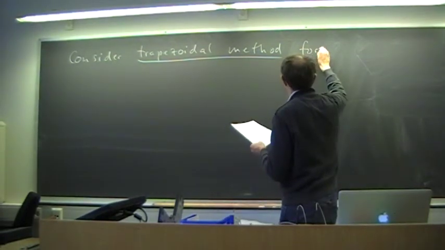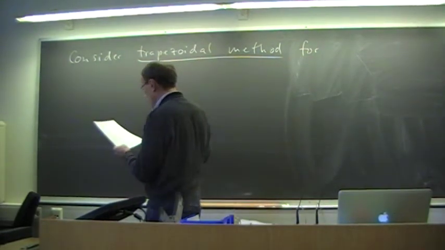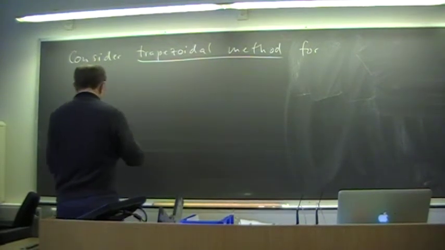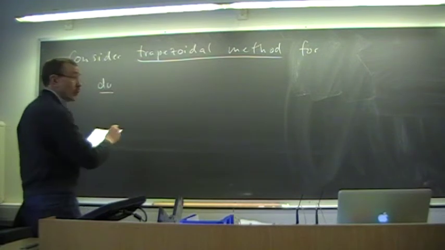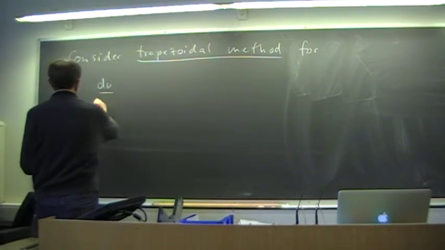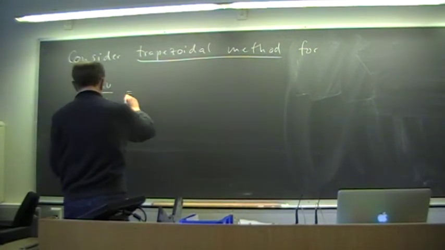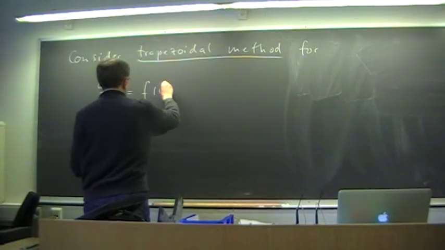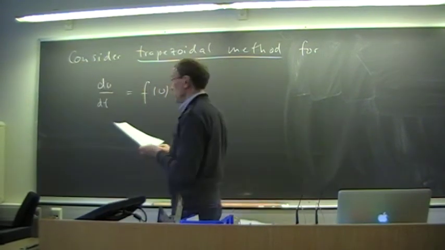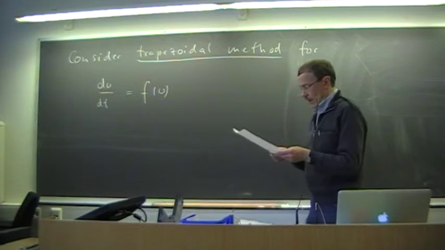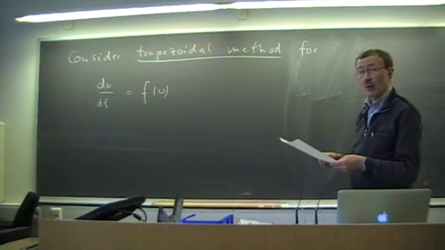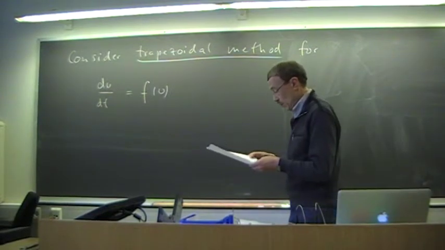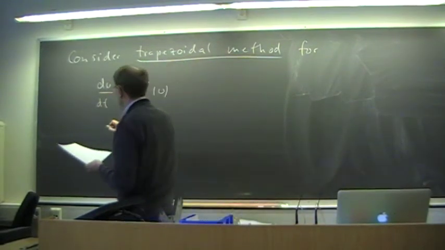And we imagine that we do it for, in our case it would actually be a system of ODEs where we have a time derivative, and on the right hand side we have our residual, let's say. But that is not important now. Important is how we do the discretization with the trapezoidal method for that. And that is the following.